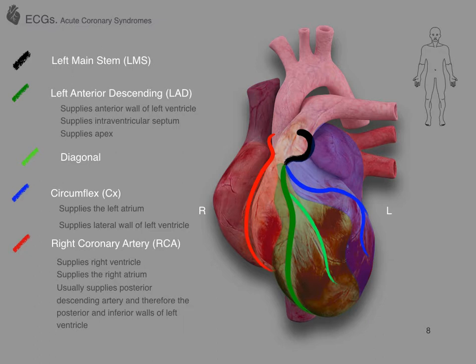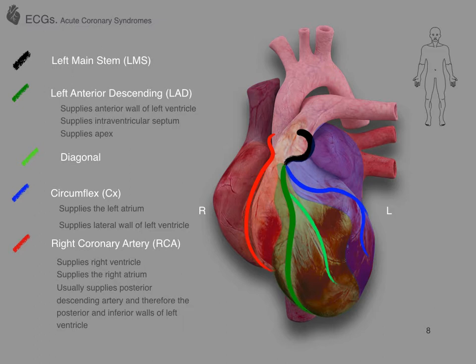It's also supplying your intraventricular septum and the apex. The circumflex, I always think of this to remember it as it's circumventing the heart. So it's wrapping around the heart, supplying the left atrium and the lateral wall of the left ventricle.